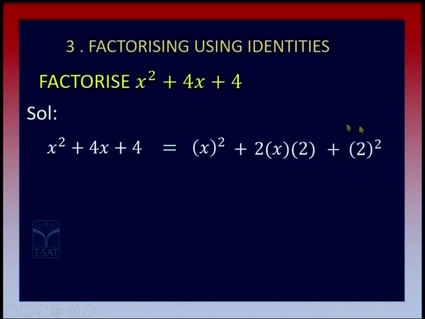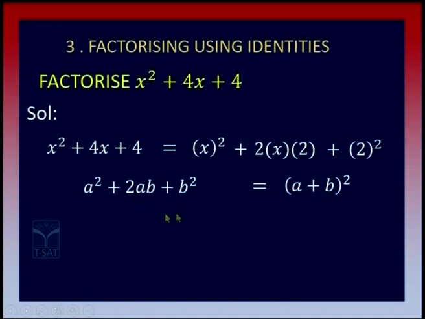Are you getting any identity in your mind while seeing this expression? Yes, a square plus 2ab plus b square. This part just looks like a square plus 2ab plus b square, and just now we have seen how we can write this a square plus 2ab plus b square as a plus b whole square.